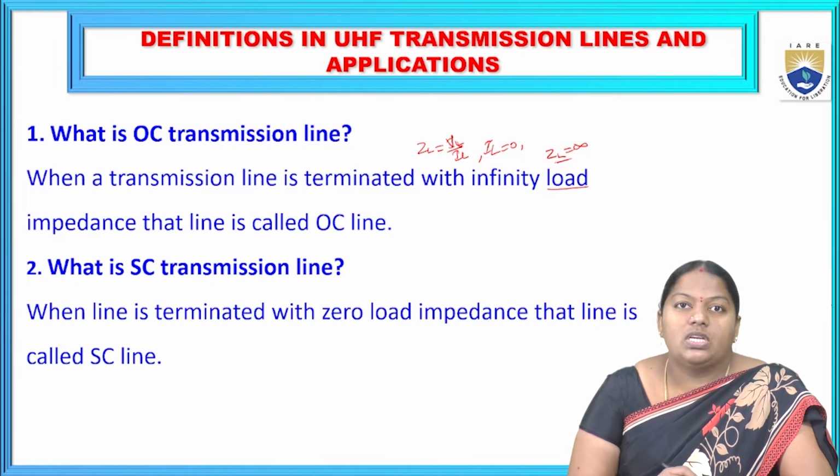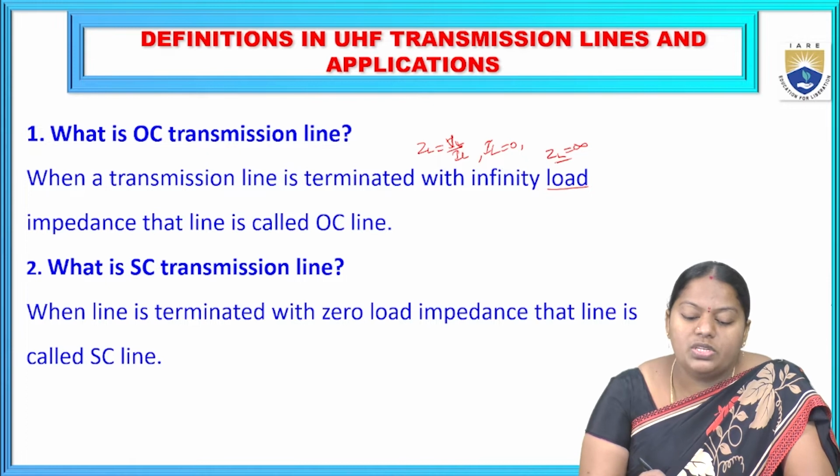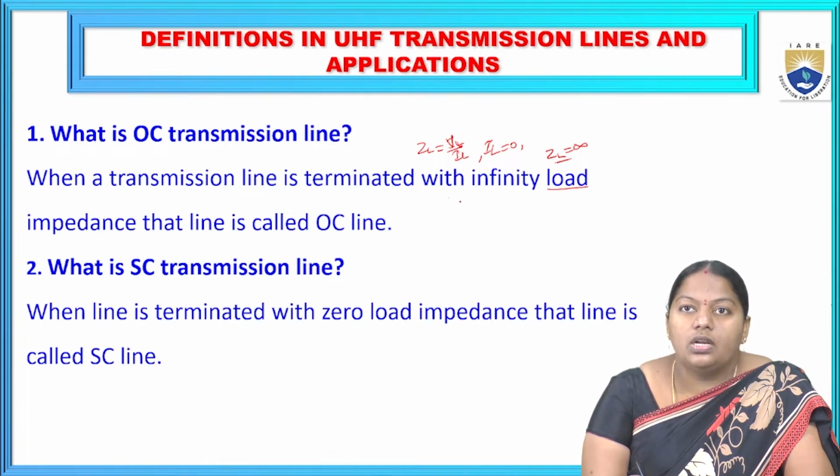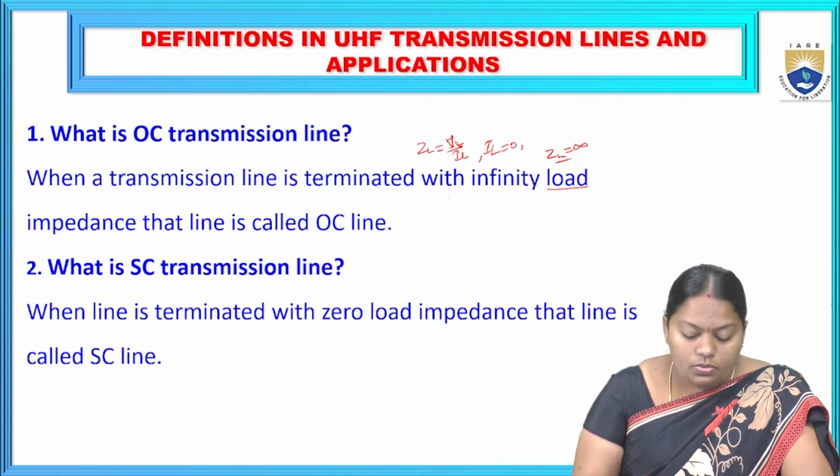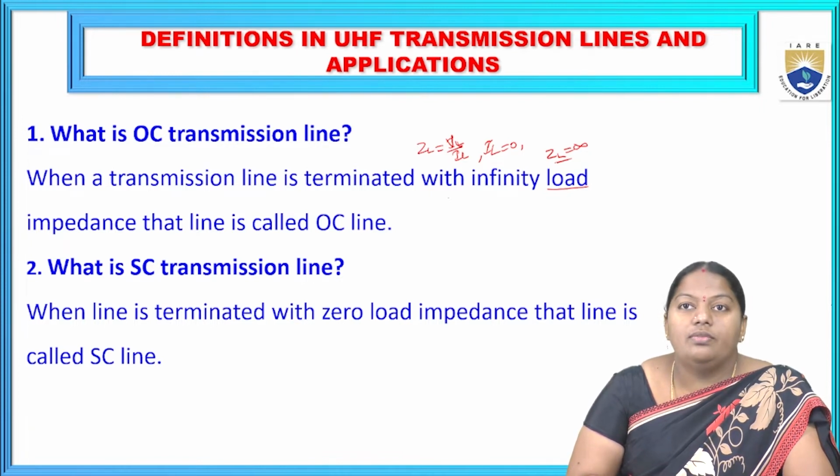If ZL is equal to infinity, the load current flowing through the load impedance is 0. We assume IL is equal to 0, then ZL is equal to infinity.